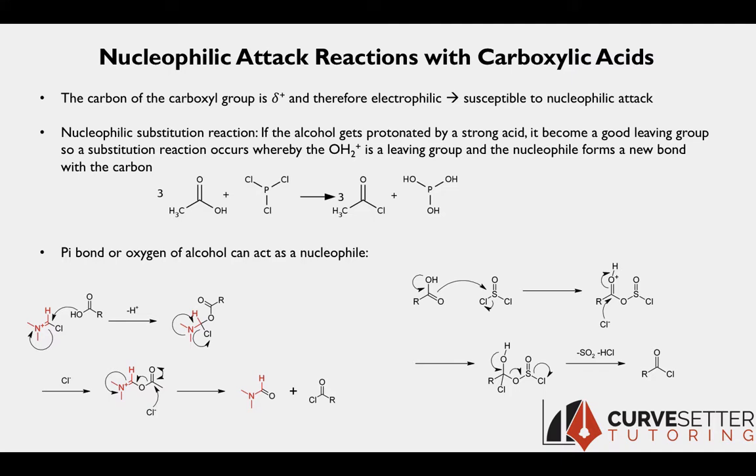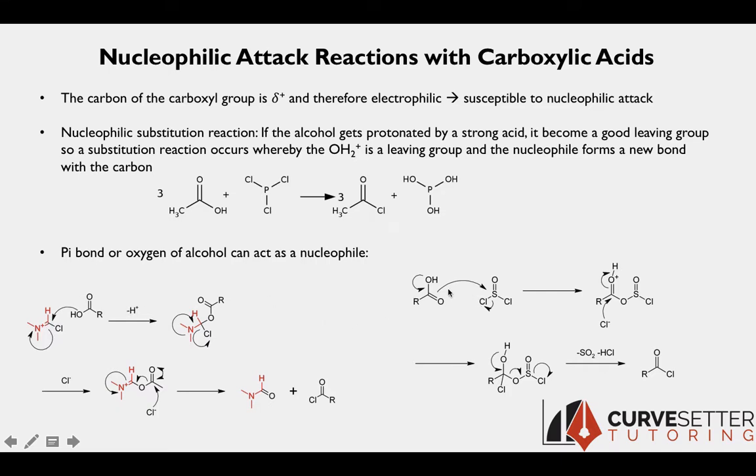So carboxylic acids can be involved in nucleophilic attack reactions as the electrophile, being attacked at that electrophilic carbon. But they can also act as a nucleophile and engage in nucleophilic attack themselves. The pi bond of that carbonyl or the oxygen of the alcohol can act as a nucleophile. That's shown here in this mechanism where the oxygen of the hydroxyl group of the carboxylic acid attacks this carbon here.